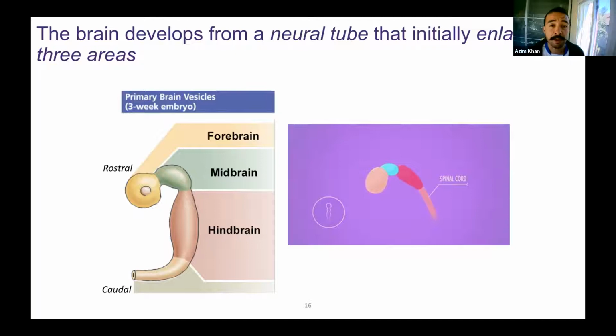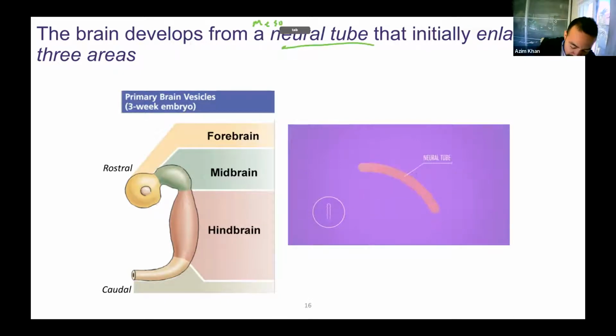So first, a little bit about development. How does the brain develop? First, remember that the brain is nervous tissue, and nervous tissue embryonically comes from mesoderm. There's something called this neural tube. I'm sorry, not mesoderm, ectoderm.